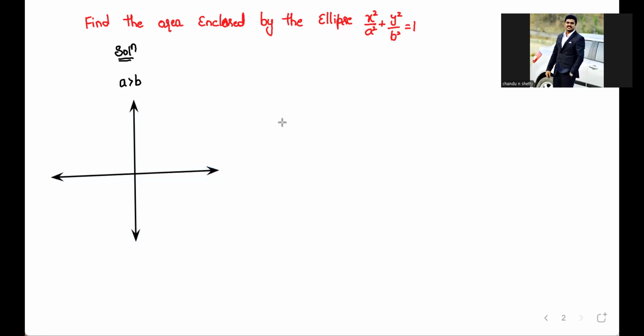Now you should observe, this is the ellipse, and again we want to find out the whole ellipse.